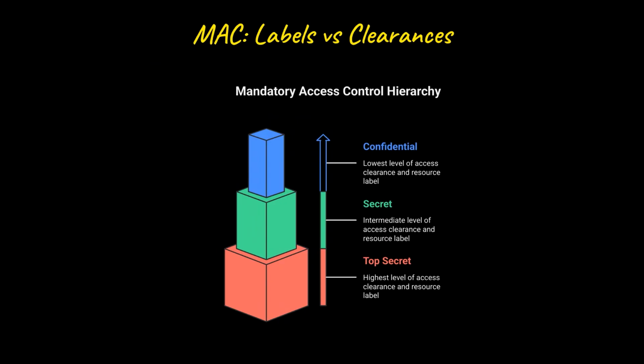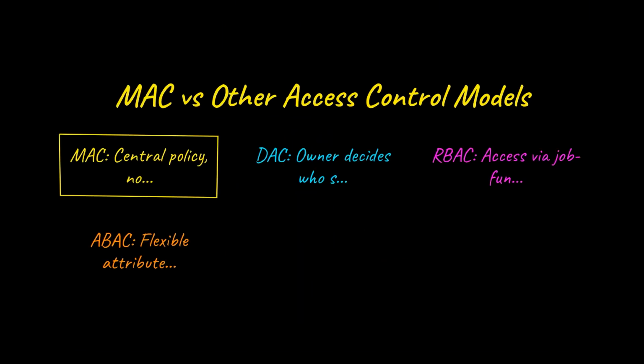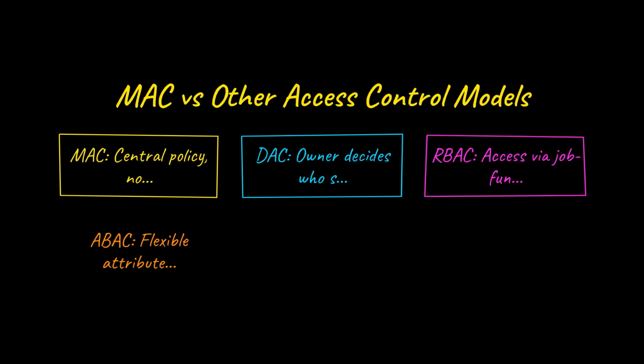A user with secret clearance can access secret and confidential materials, but the system blocks any attempt to reach top secret. The critical distinction examiners test is centrality. Discretionary access control lets owners decide who to share with. Role-based access control uses job function roles. Attribute-based control is broader and flexible.